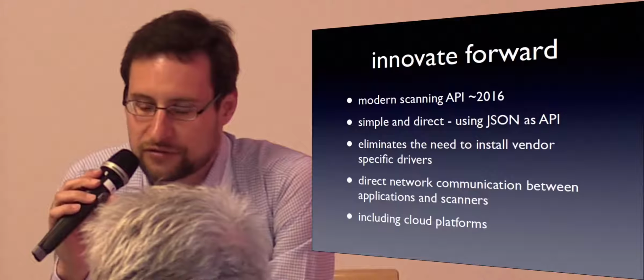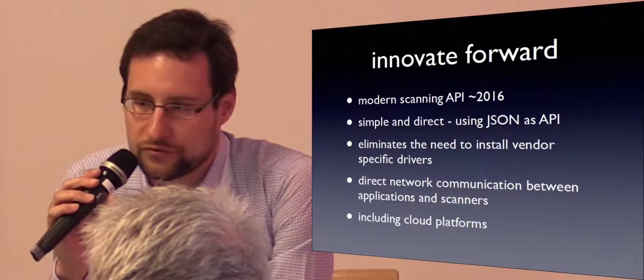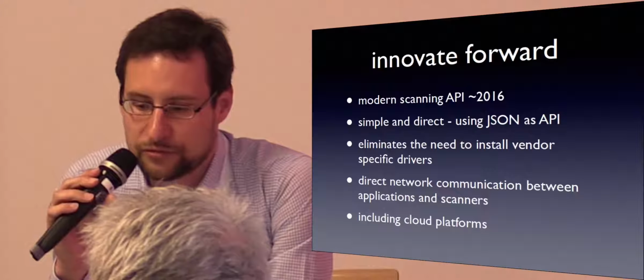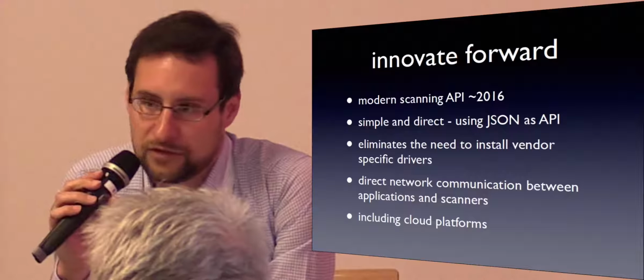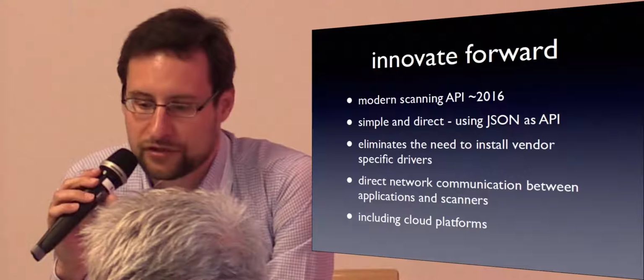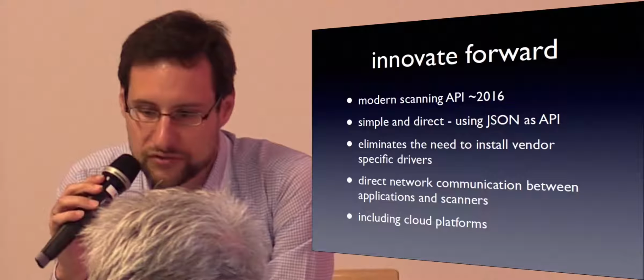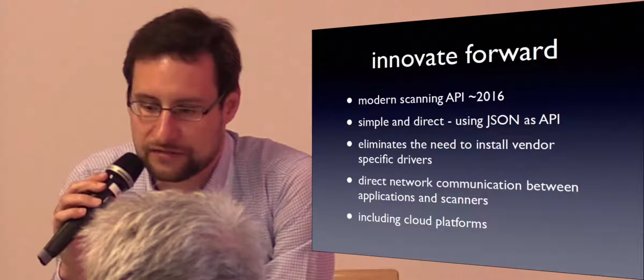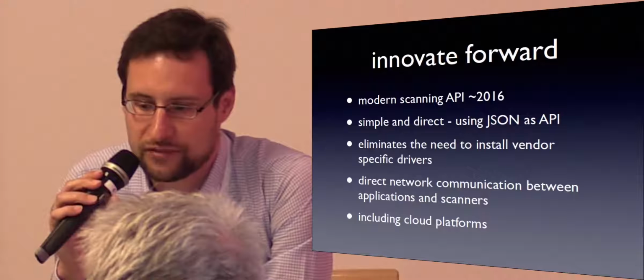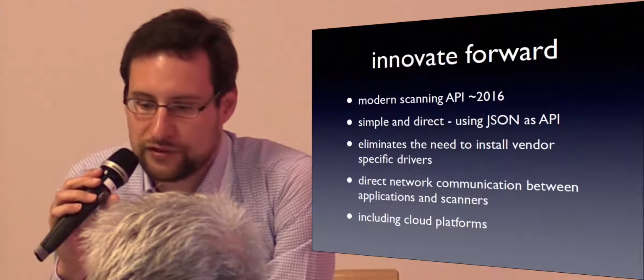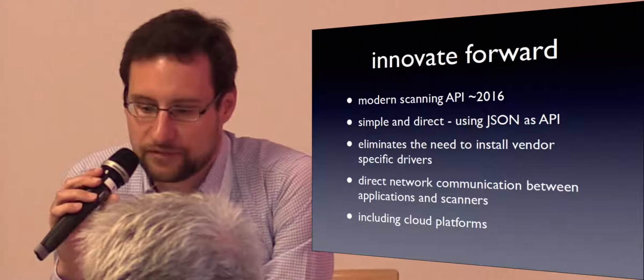This is JavaScript Object Notation, so you don't have to deal with any bits and pieces in memory anymore, which obviously doesn't work very well over the network and the cloud infrastructure. You can now describe your scan task with JSON, and we use this as an API to control the scanner.